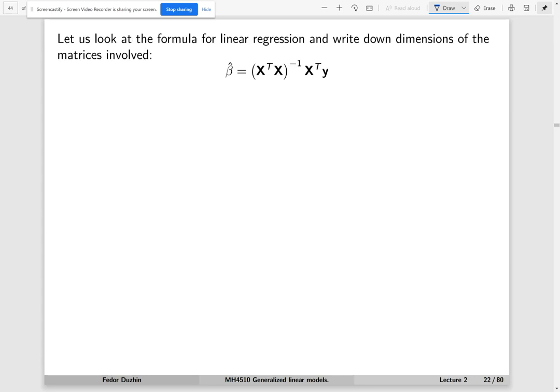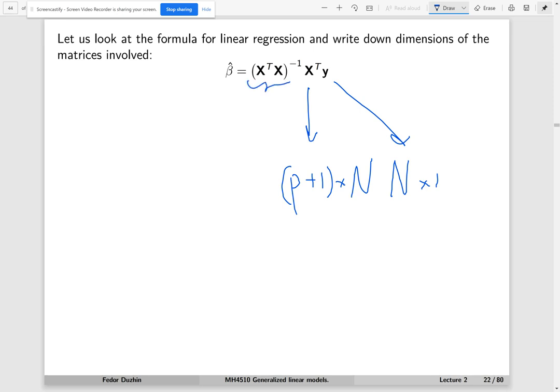Okay, so let us look again at the formula for linear regression and write out the dimensions of the matrices involved, right? Recall that Y is an n by 1 matrix. What is X? X itself is n by p plus 1. So X transpose is going to be p plus 1 by n.